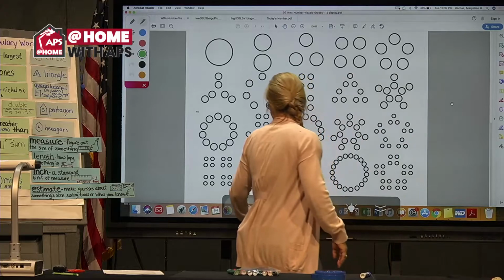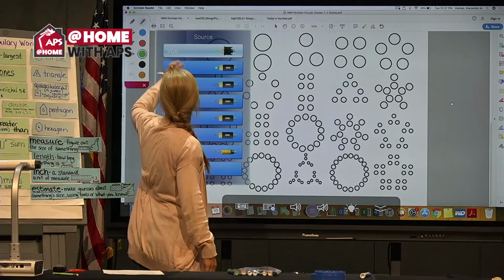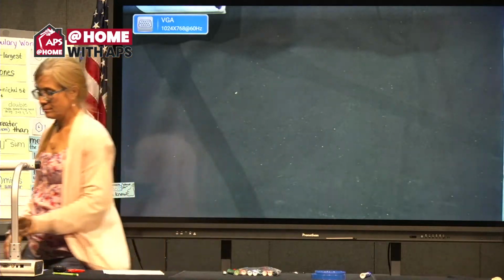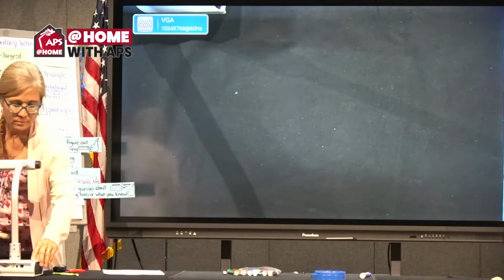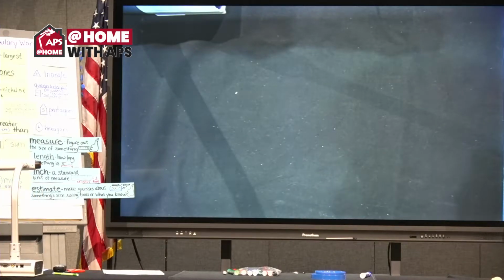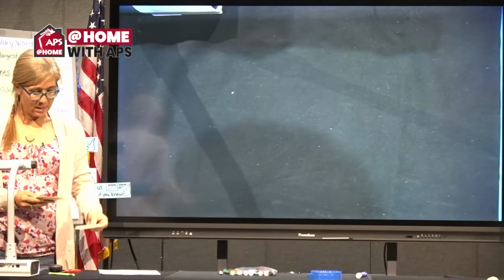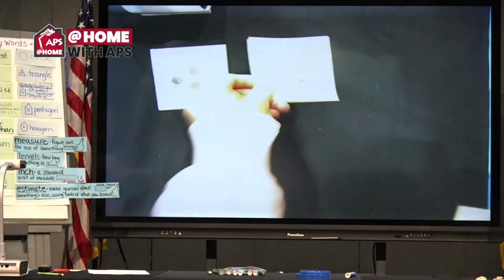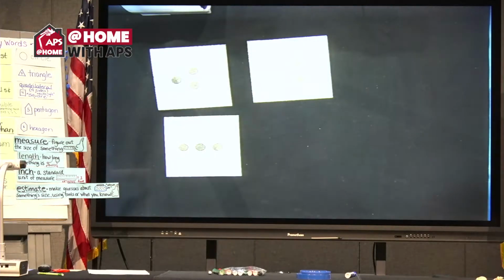All right, let's look at our overhead projector here because I want to show you some other dot patterns. Yep, okay, we're working. These are dot patterns for what?